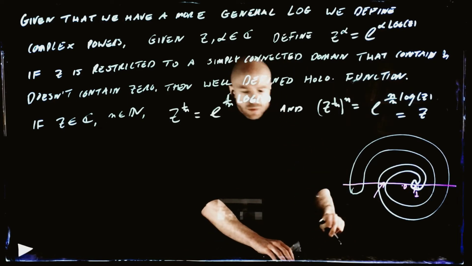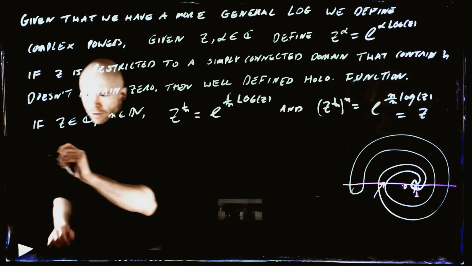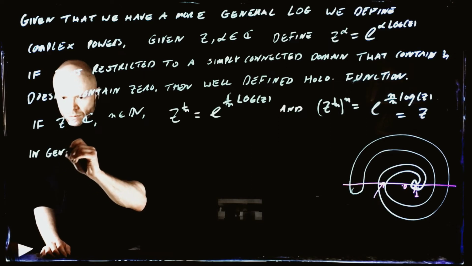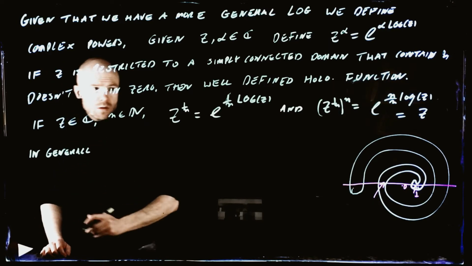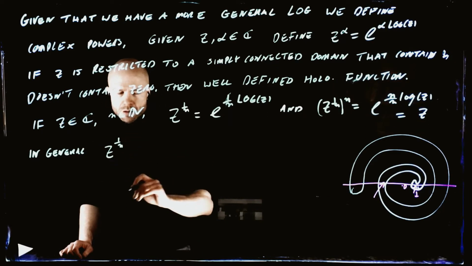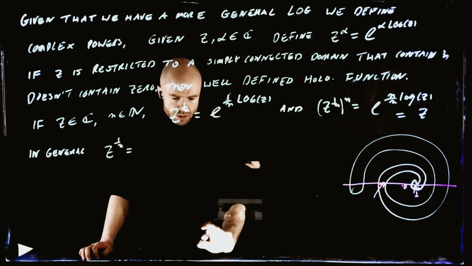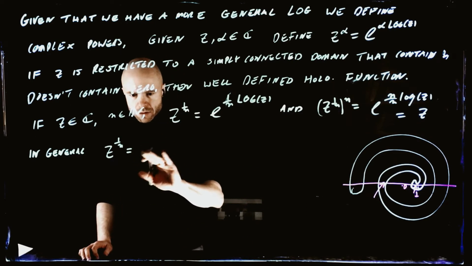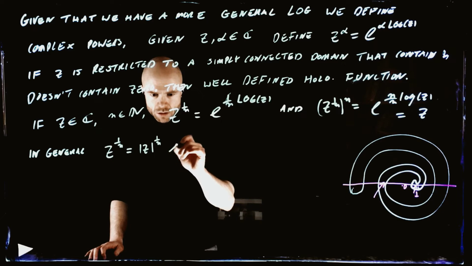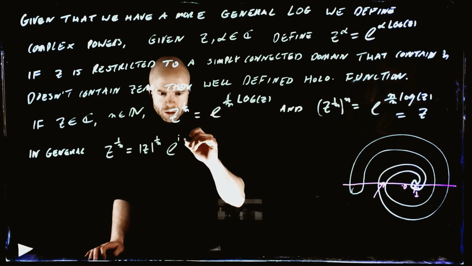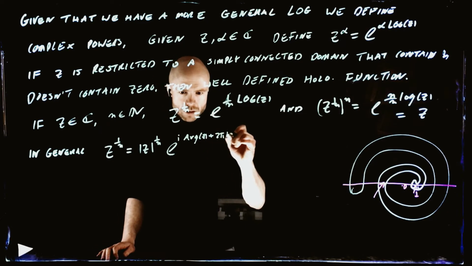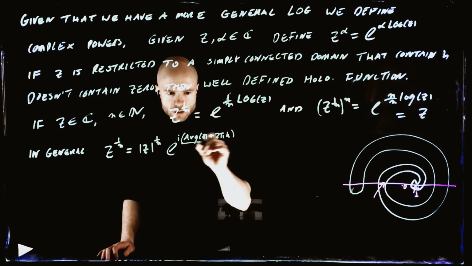Well, we can sort of reason the way we did before, right? So in general, what is this thing? It is equal to e to the i, the argument of z plus 2 pi k over n.